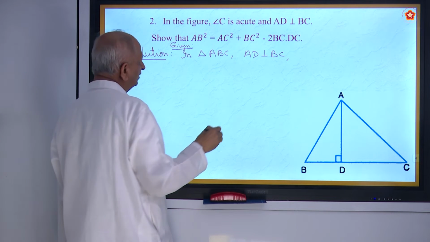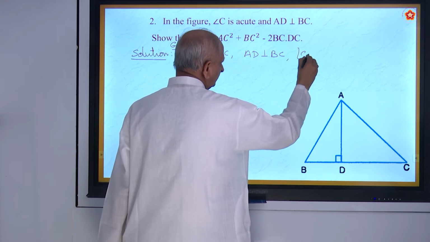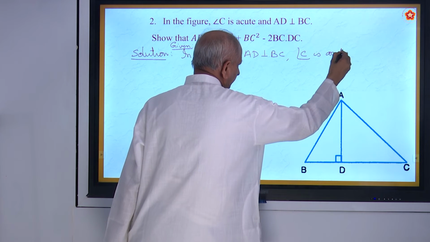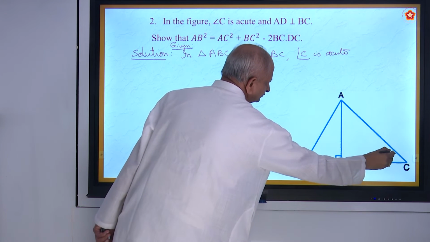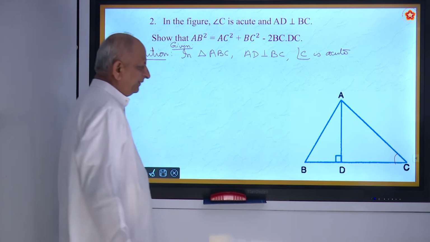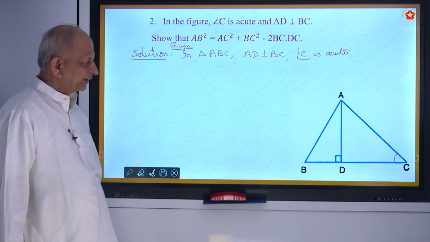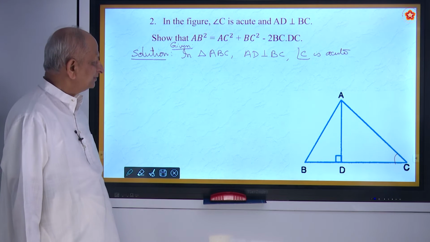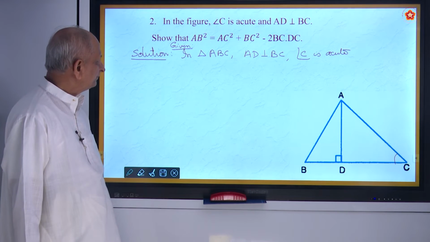So AD is perpendicular to BC and angle C is acute. What do you mean by acute angle? Acute angle means an angle less than 90 degrees. Is it not? So angle C is acute.